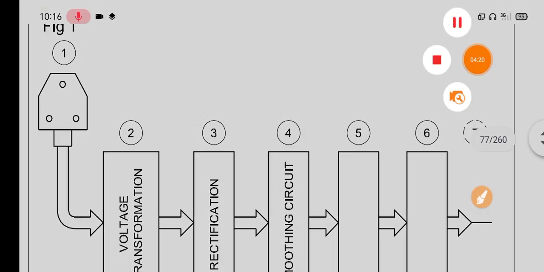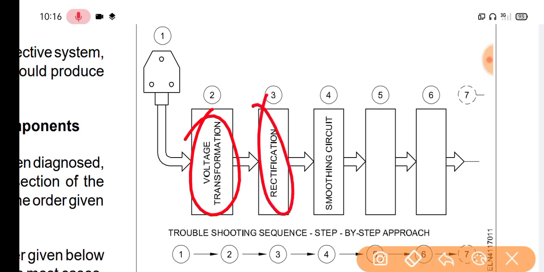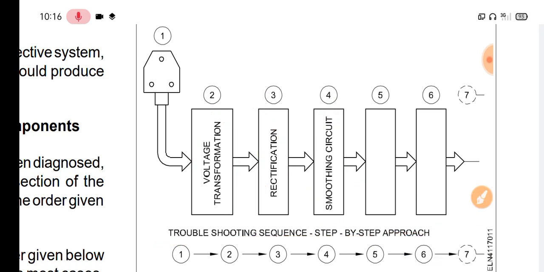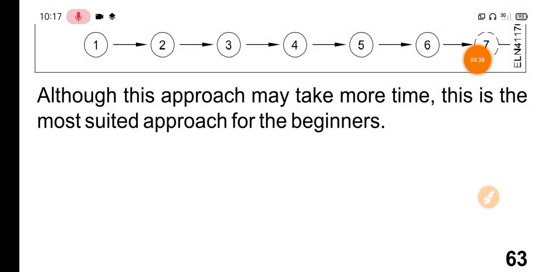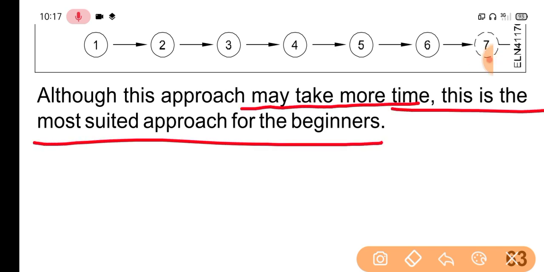Given below, this is the voltage transformer, this is the rectification and this is the smoothing circuit, and a troubleshooting sequence step-by-step approach. Although this approach may take more time, it is the most suited approach for beginners.